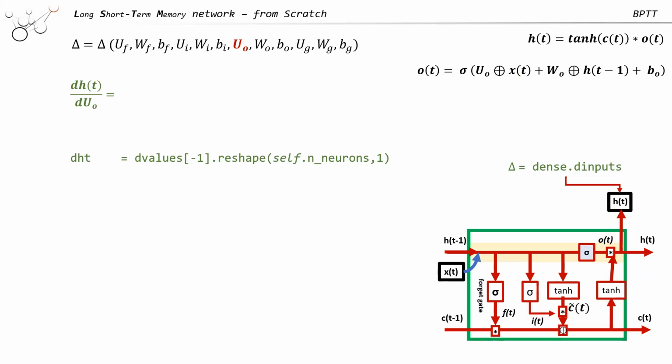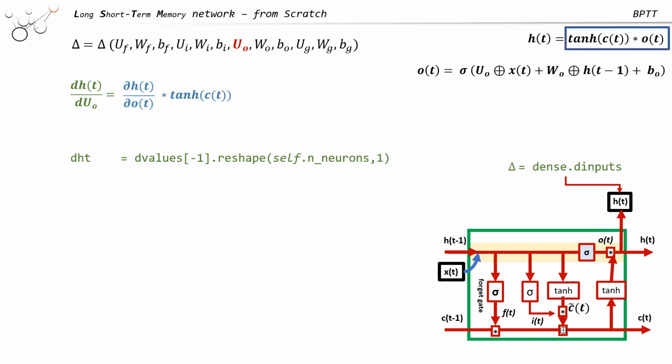It's a bit different now for UO, because now we have to calculate a derivative with respect to OT, so the output gate. Therefore, the tangents hyperbolicus that we have here in HT is constant with respect to UO, WO, and BO.